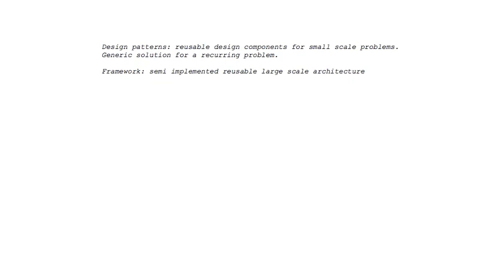Nothing is implemented. A framework is something semi-implemented. Some abstract classes are there, interfaces are there. It is a semi-implemented thing. We can reuse it over and over, but it's for large-scale architecture. This is more solid than a design pattern.